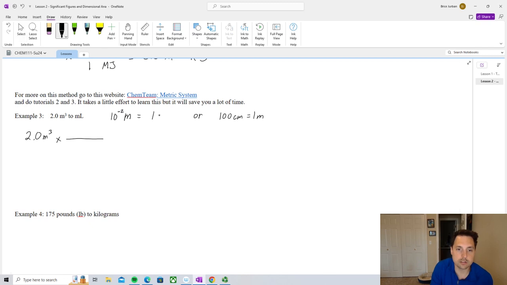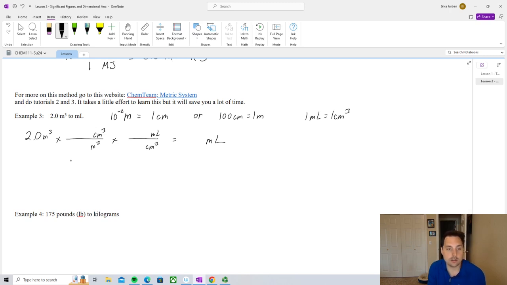There's 10 to the negative second meters in 1 centimeter, or we could write 100 centimeters in 1 meter. Those are equivalent. And then the other thing I talked about was that there's 1 milliliter in 1 cubic centimeter. So the first thing we want to do is convert cubic meters to cubic centimeters, and then convert cubic centimeters to milliliters. And then we'll get our answer in milliliters, which is what we want.